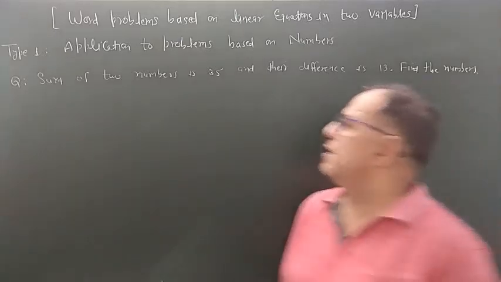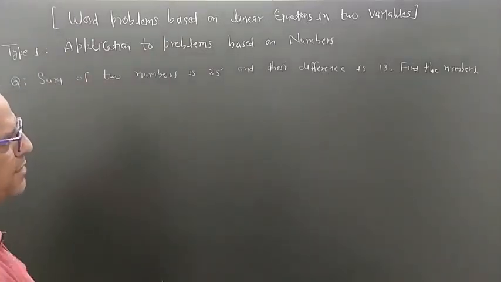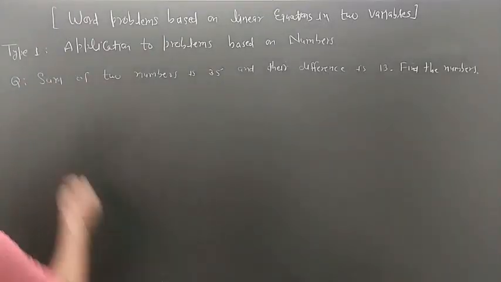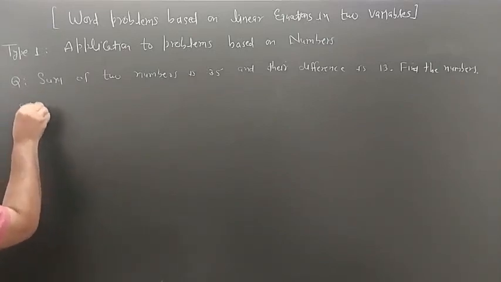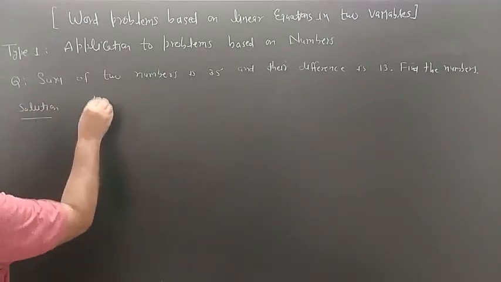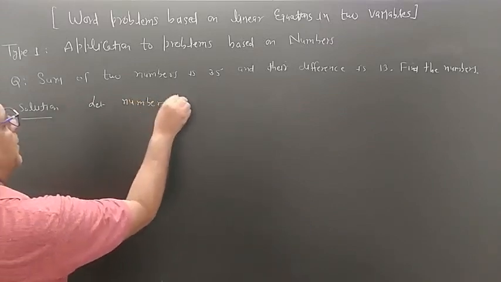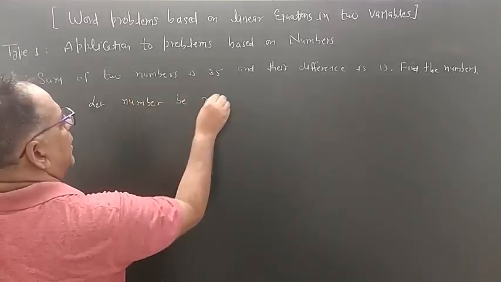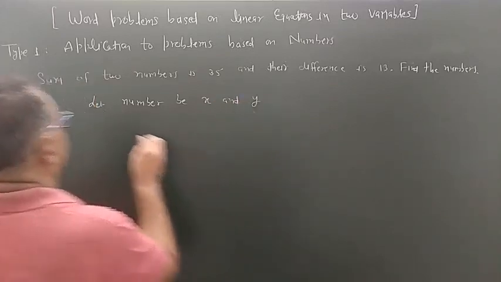So the first question is that the sum of two numbers is 35 and their difference is 13. Find the numbers. So let the numbers be x and y.